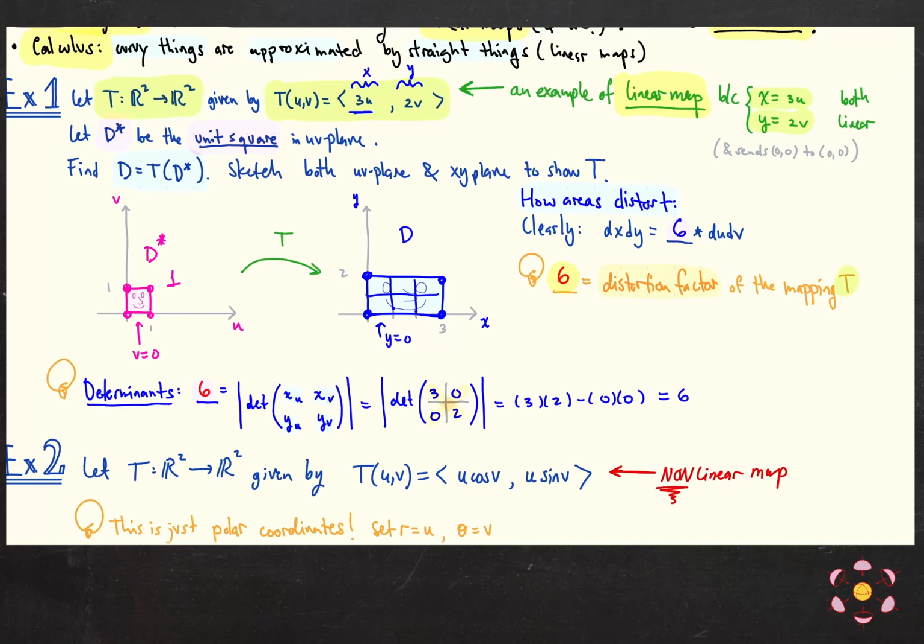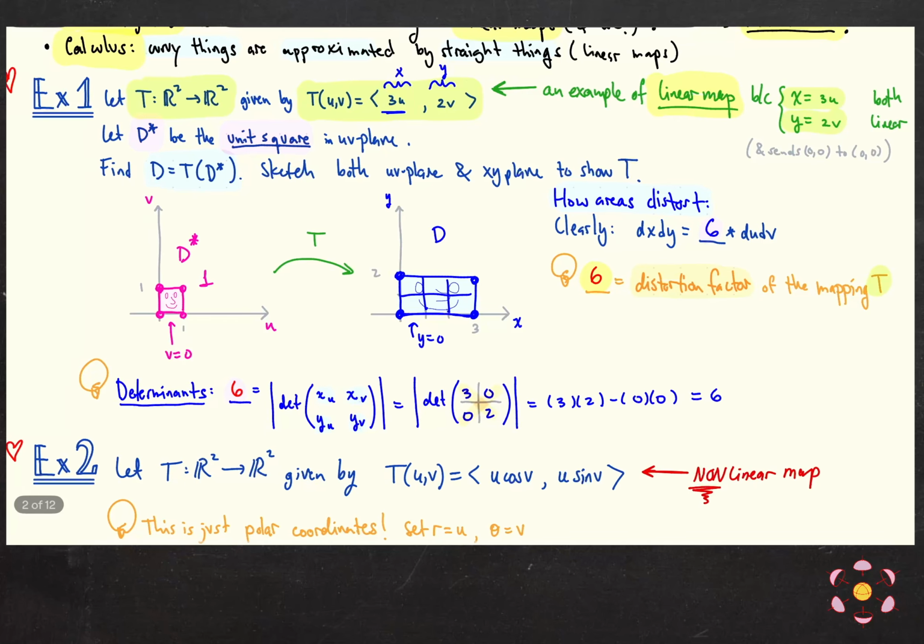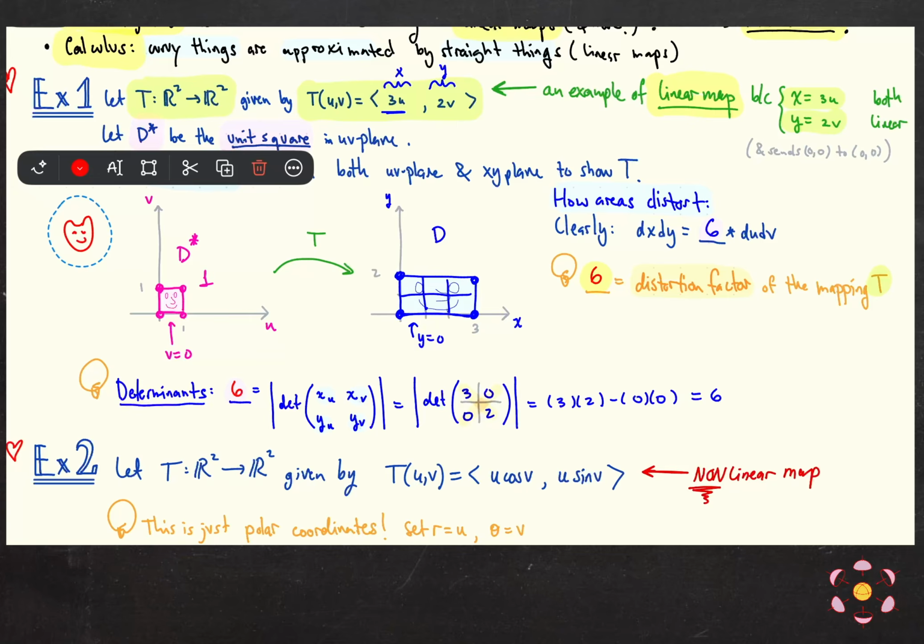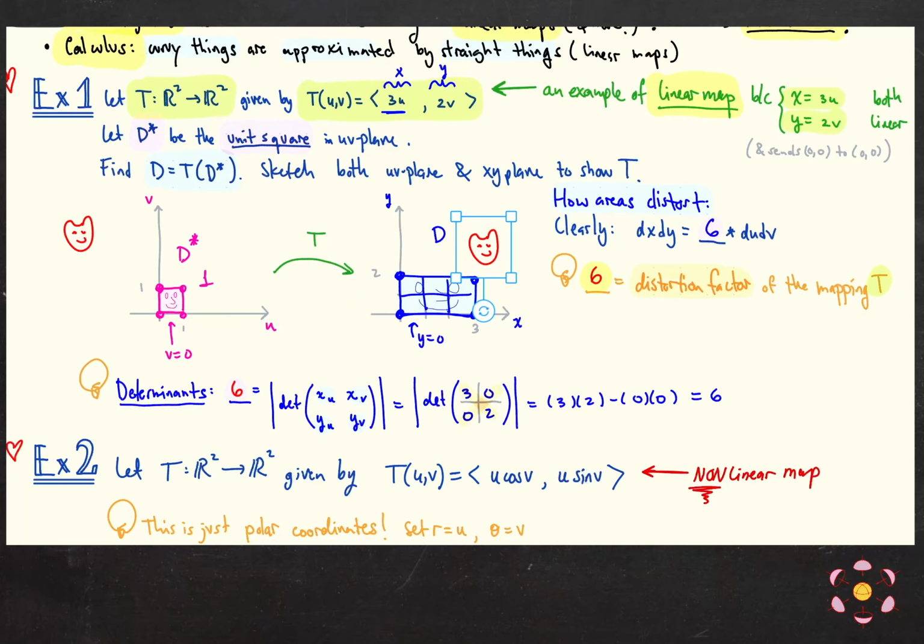The other thing that's interesting is that this distortion factor of 6 is everywhere in the plane, right? If I took, I don't know, this little cat over here, I don't know if this is going to work, but let me try it. First, let me move it over here.